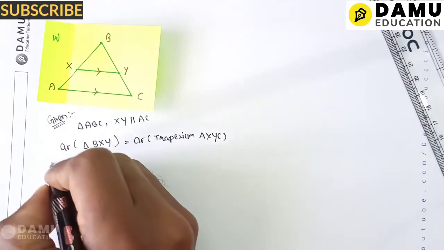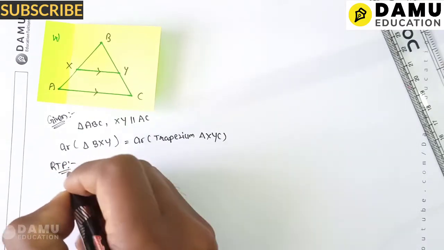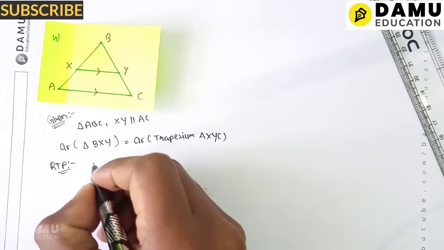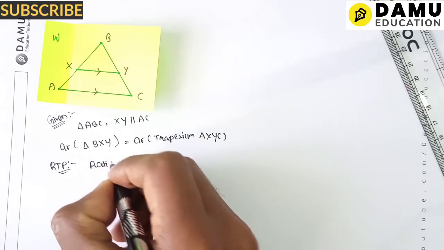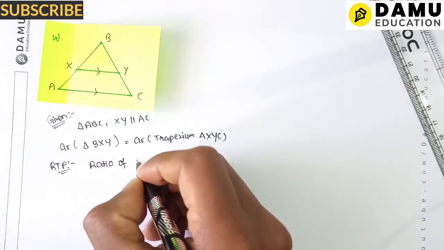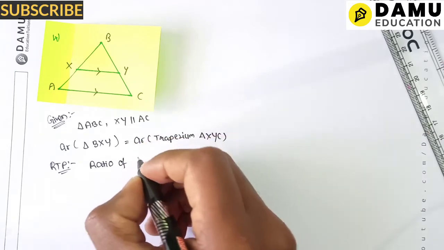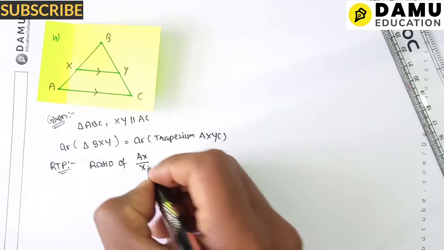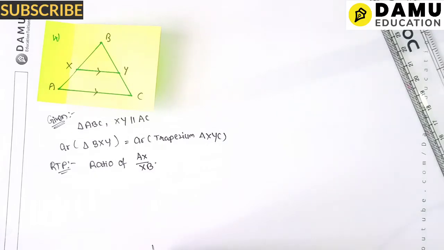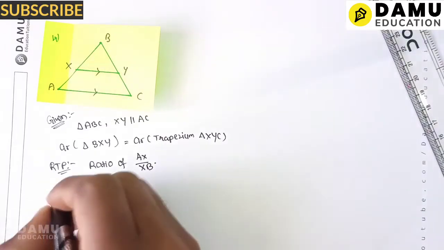Then what is required to prove? RTP: we have to find the ratio of AX by XB. Then what is the proof for this? Let's find it.